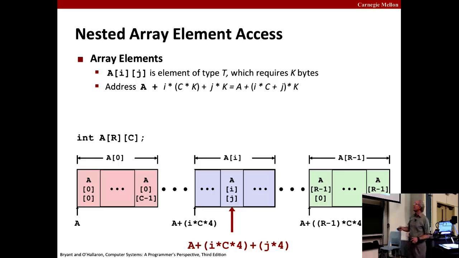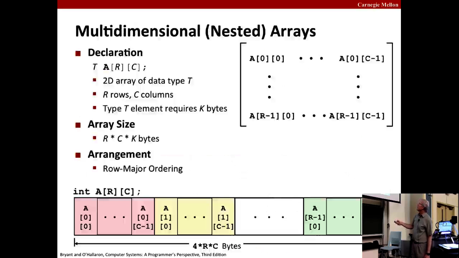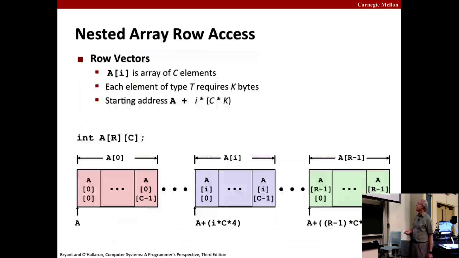So again, the point of this is that this all is a natural outcome of the declaration, and it's easy to think of it in terms of this storage model here of how the actual array is allocated.